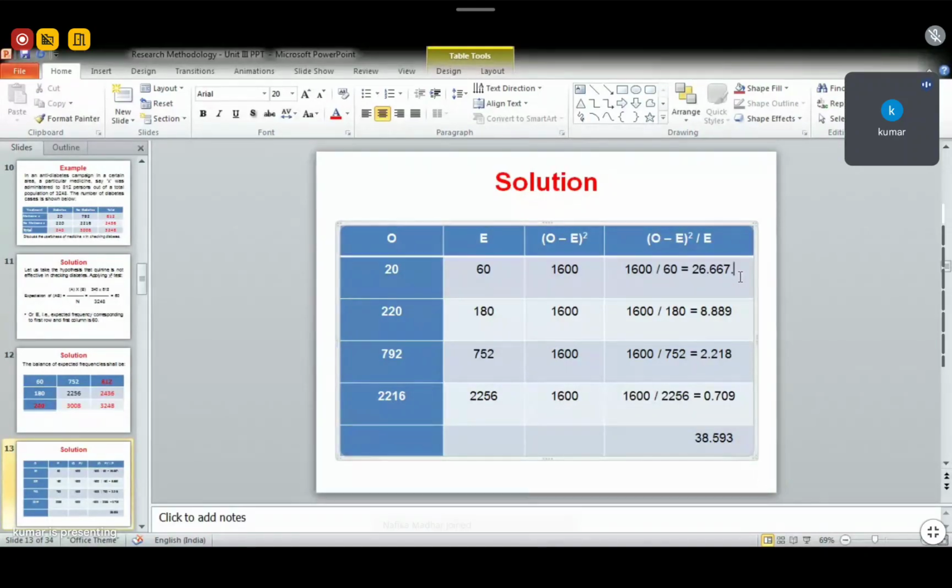Like that for all the values we have entered, and find out the total of that also. From the study material also you can find out that.